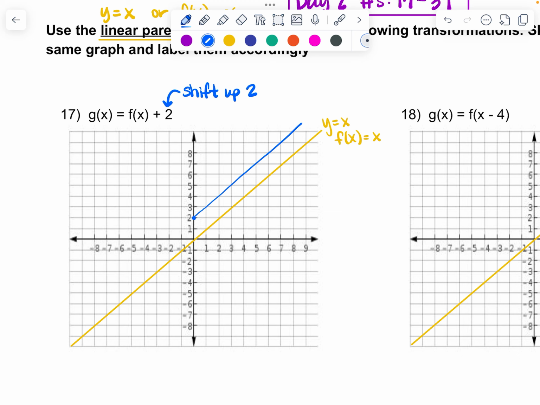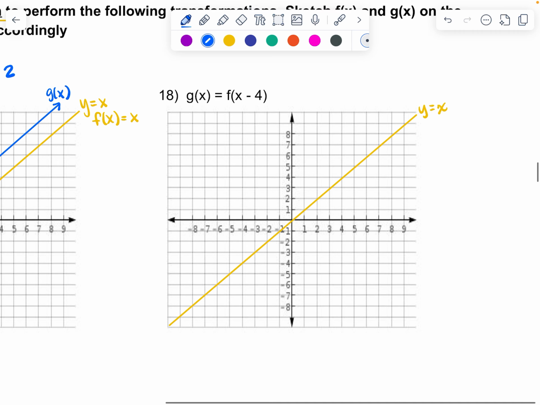So it's still a slope of up 1 over 1. I'm just taking that entire original line and moving it up 2 spaces. And that is my new line, g of x. I just took the old line, f of x, and I moved it up 2. That's it. You just have to be able to interpret the set of instructions that you're being given. Okay?